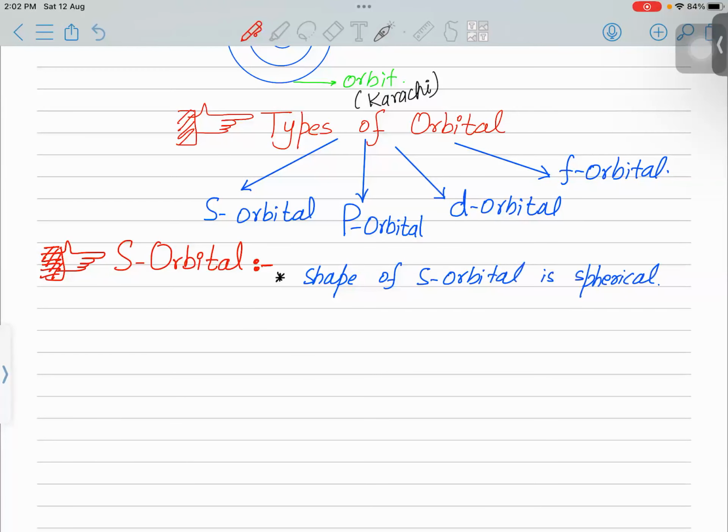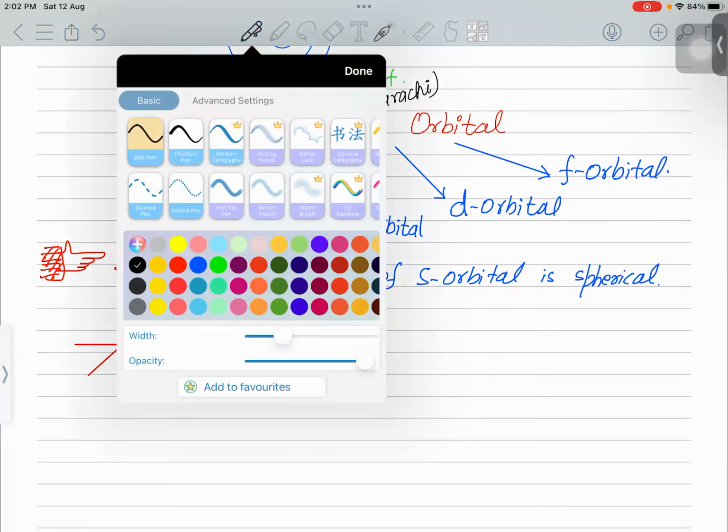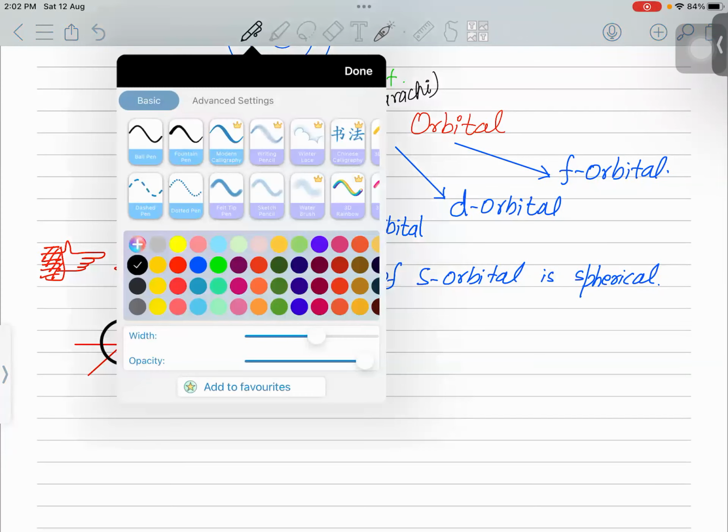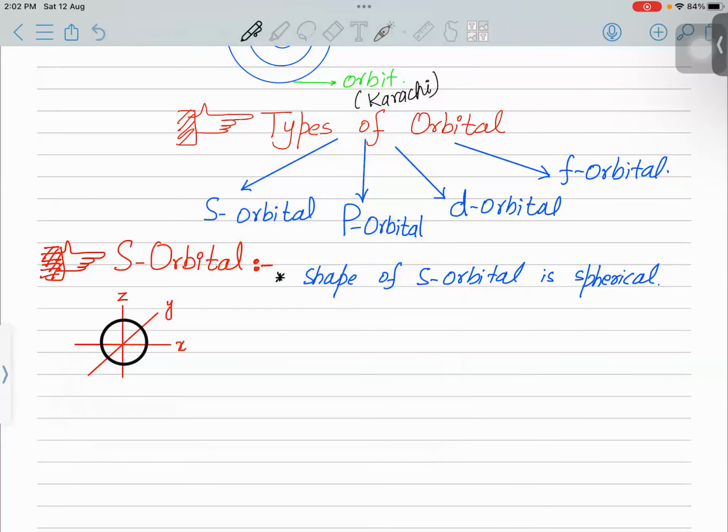Let's suppose this is your y-axis, this is the x-axis, this is the z-axis. X, y, z. So the shape of the s orbital is spherical. This is s orbital.